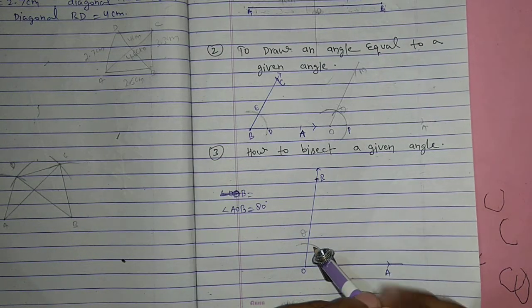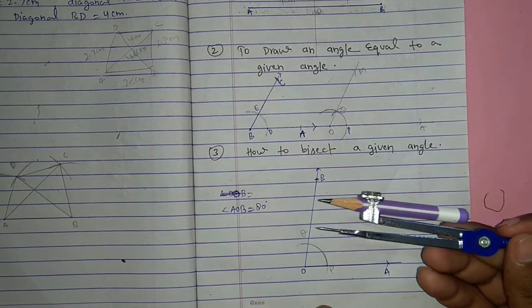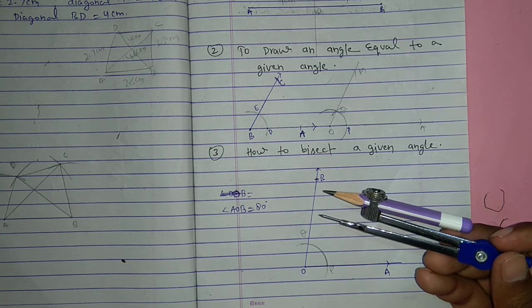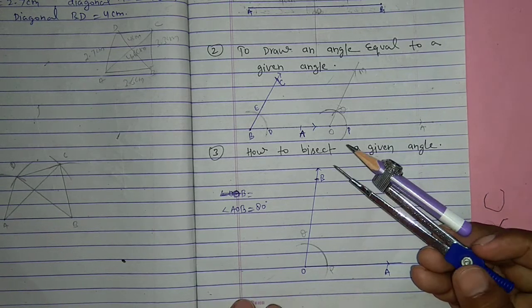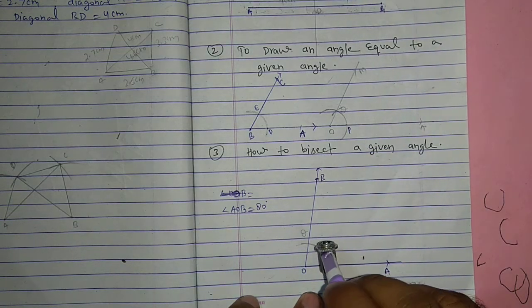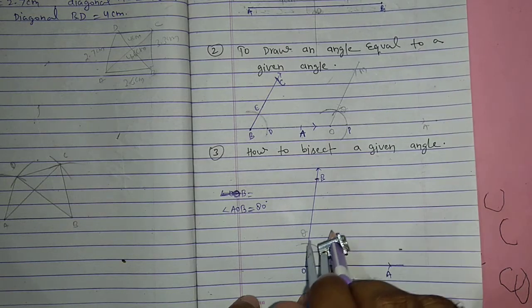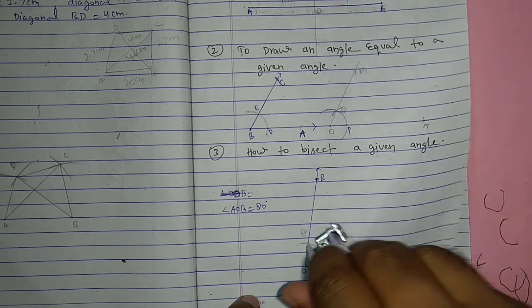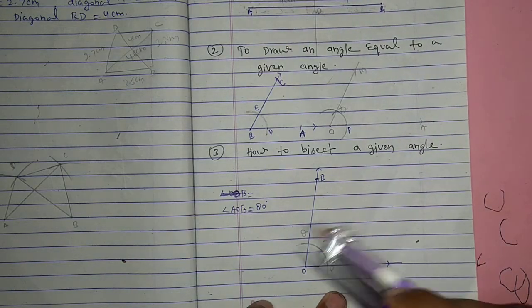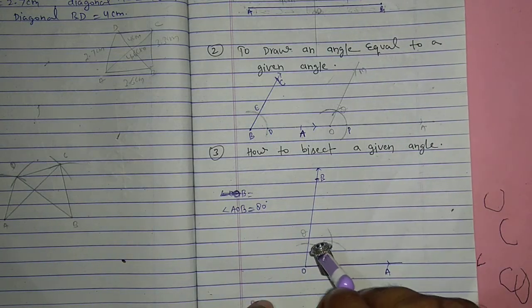I have taken more than half an arc. Now we cut it like this, one time from P and one time from Q with the same arc, more than half.